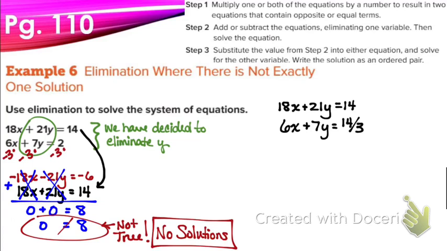Can I approach this the same way I approached the previous problem where I multiply everybody by negative 3? Yep. Let's multiply everybody in the bottom equation by negative 3. So I would have negative 18x minus 21y equals, now I need your help with the calculator here, 14 divided by 3 times negative 3.